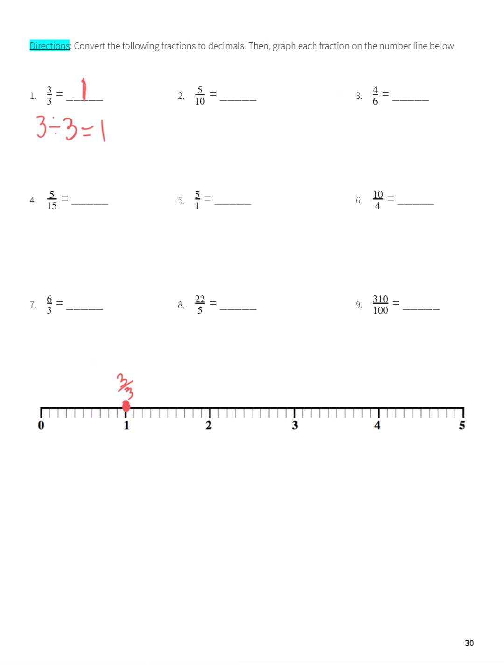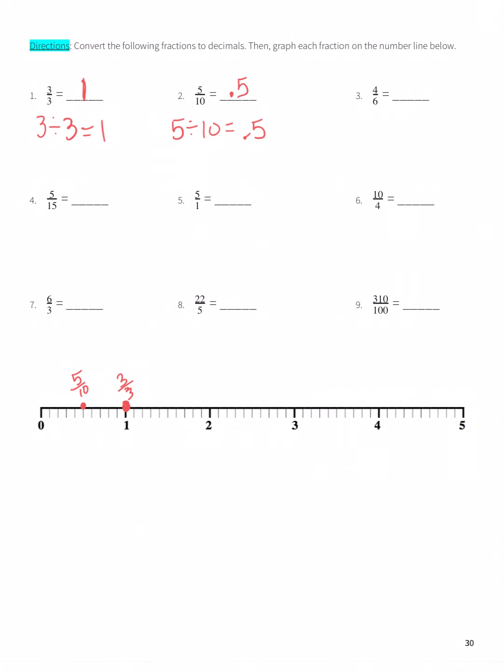All right, I'll do one more. We have 5 tenths. In our calculator, we would do 5 divided by 10. That's equal to 0.5. I would find where 0.5 goes, which is right here. And that would be 5 tenths.